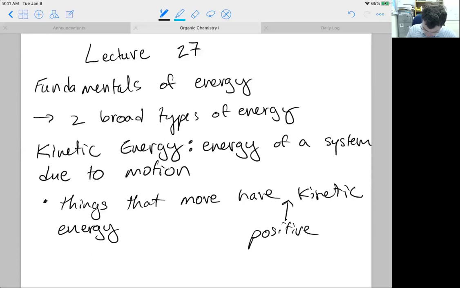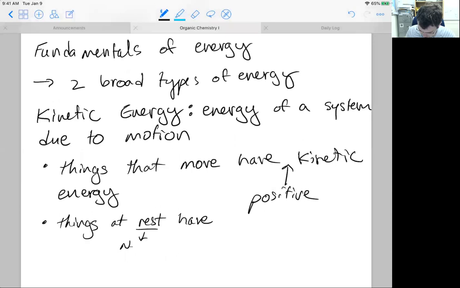Okay. In contrast, things at rest, and by rest I should clarify, that is not moving, have zero kinetic energy or no kinetic energy.